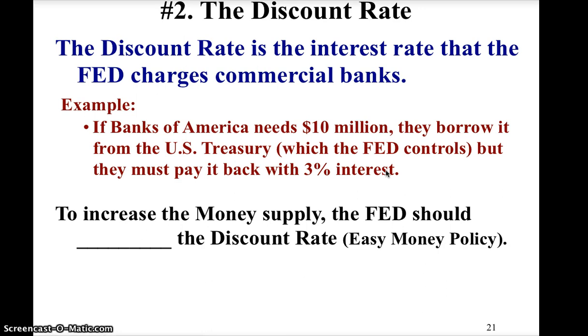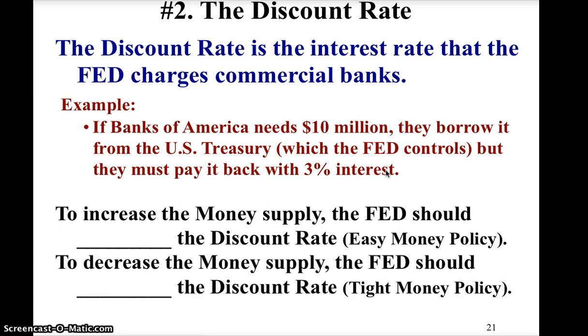We call this an easy money policy. And what will that do? That will encourage banks to take more loans from the Fed, thus having more excess reserves on hand in their own banks, increasing loans to average users, and thus increasing the money supply. And the exact opposite: to decrease the money supply, the Fed should increase the discount rate.